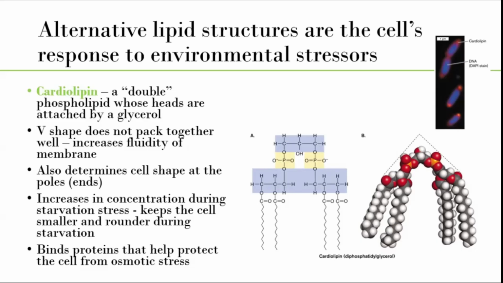So in cases where the cell is starving, it will start to make more and more cardiolipin, and it'll make the cell get smaller and more rounded. A smaller cell is easier to keep alive than a really big one because it needs less nutrition. So by adding these, it reduces the shape of the cell to a smaller, more manageable level to survive the starvation conditions. So that's the idea behind switching up and adding this particular phospholipid.